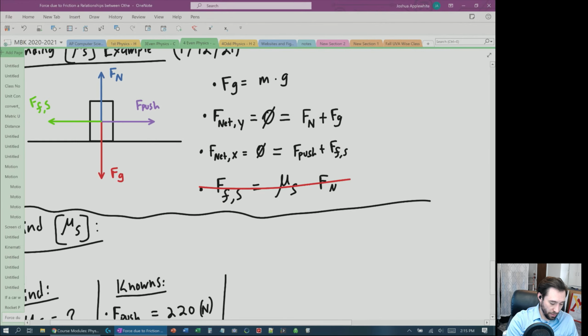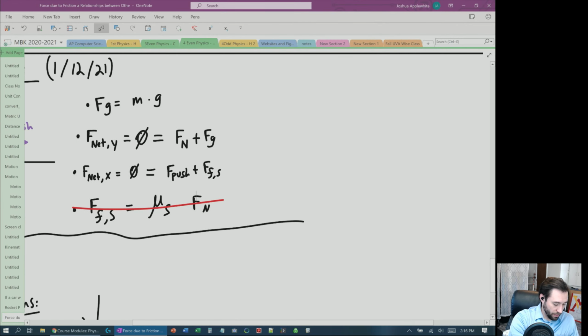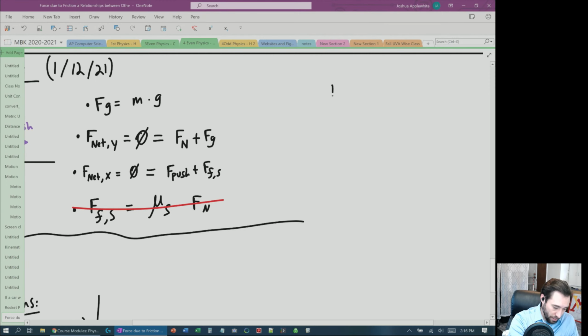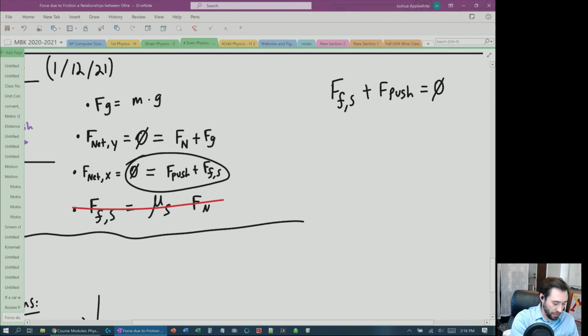And what I know is that the force due to static friction plus force push equals 0. Right? So putting the equal sign on the left or the right doesn't change anything.